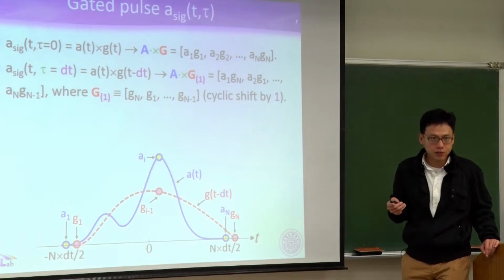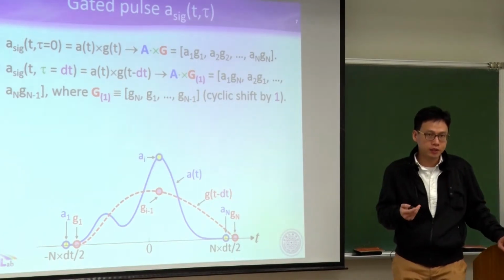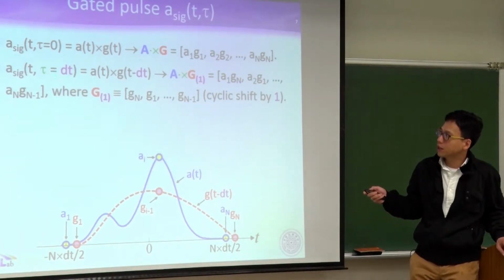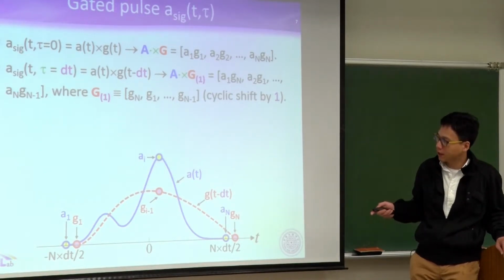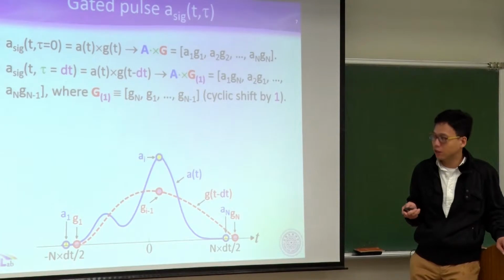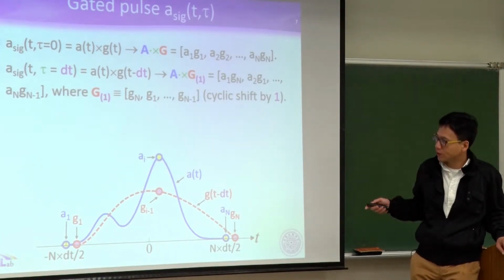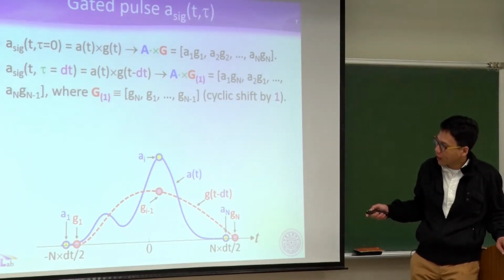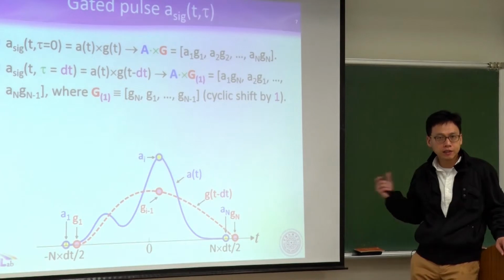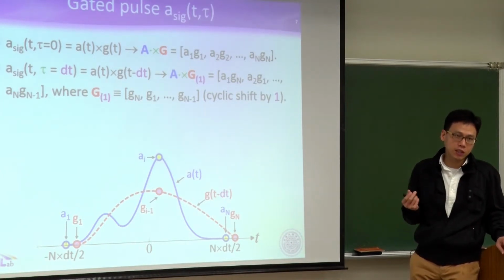How about the case when you have some non-zero delay? For example, the delay tau equals 1 unit step size dt. If you check the continuous functions, A of t remains; the blue curve does not change. But the red curve has to be shifted to the right by 1 unit dt.